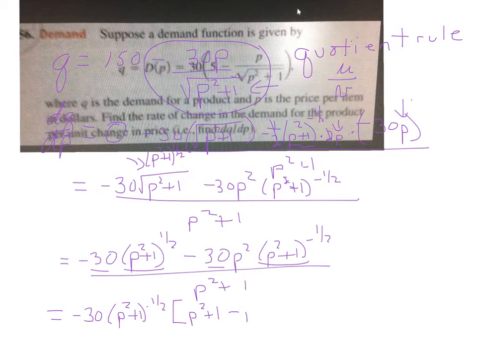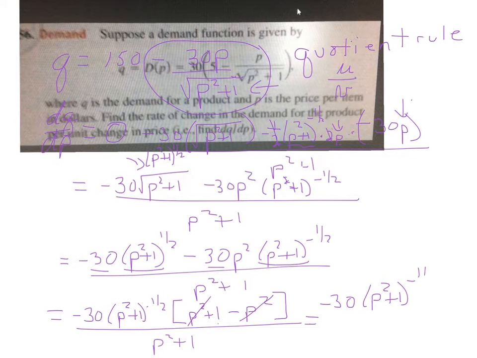And then over here we just have minus p squared because we factored everything else out. P squared plus 1 minus p squared is 1, so we just have 1 in that bracket. So we have now negative 30 times p squared plus 1 to the negative 1/2 over p squared plus 1.